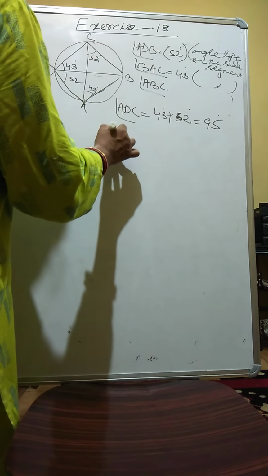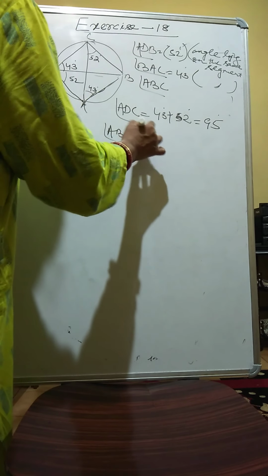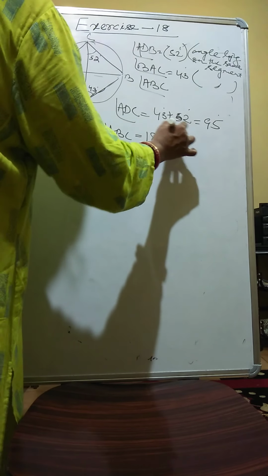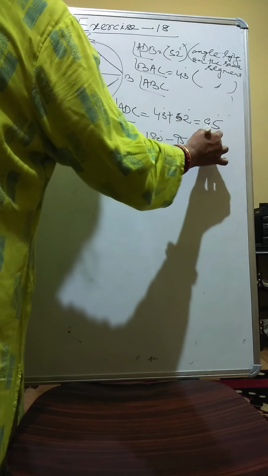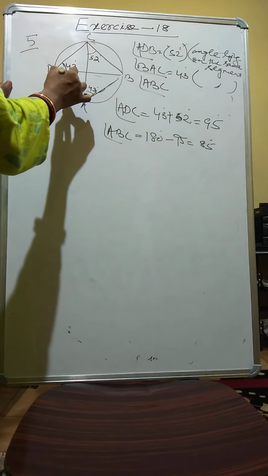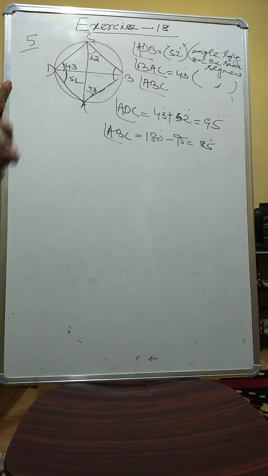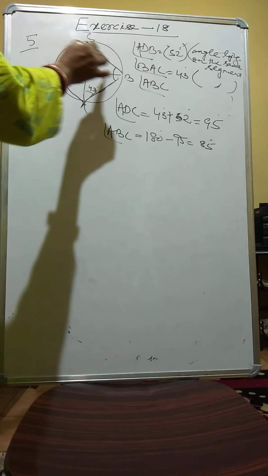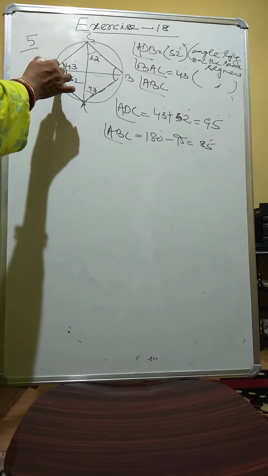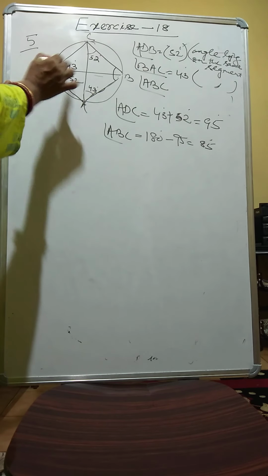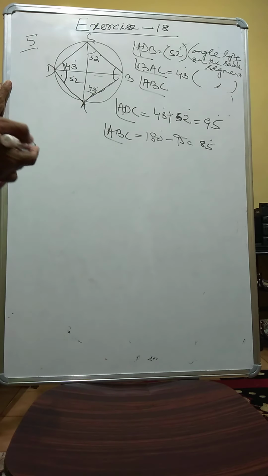Now, ABC angle is 180 minus 95. Why? Because we know that this angle plus this angle is 180. The sum of the opposite angles of a cyclic quadrilateral is 180, or supplementary. Therefore, I am subtracting from 180.